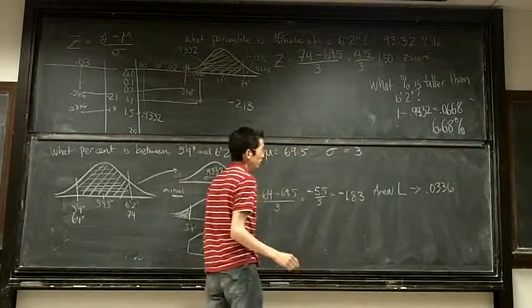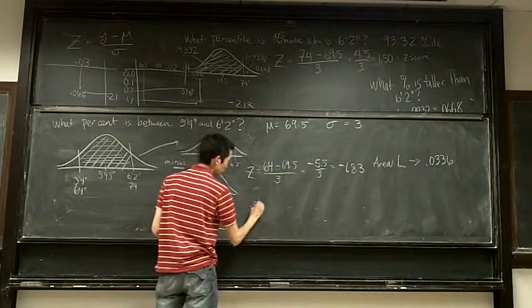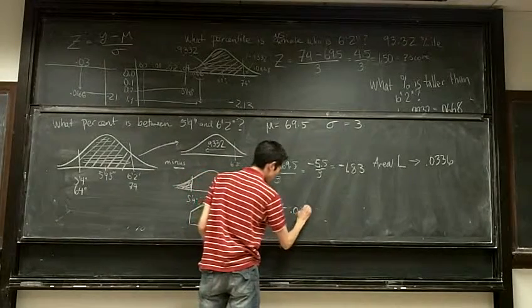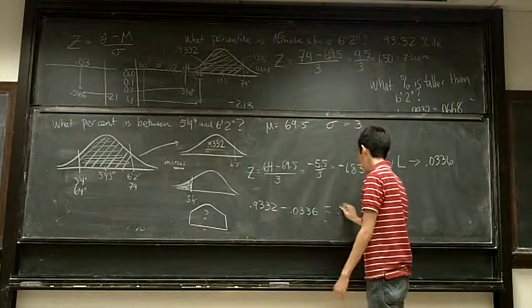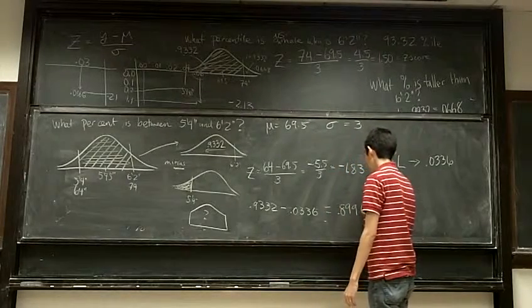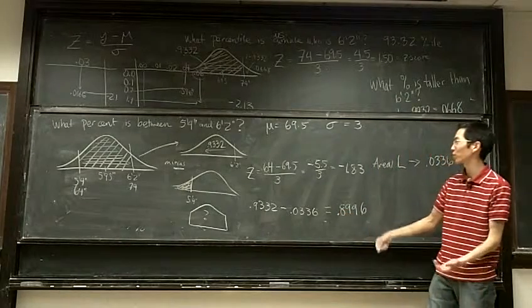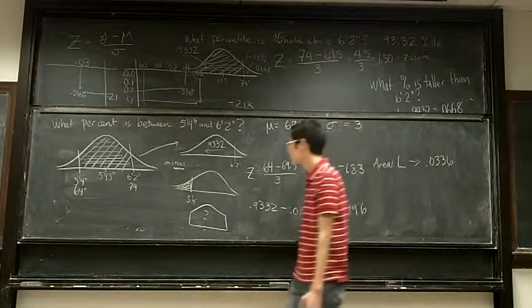The area in between is 0.9332 minus 0.0336, which equals 0.8996. So about 90% of people can fit in our hypothetical astronaut suit.